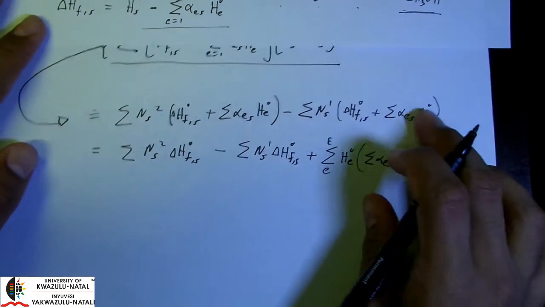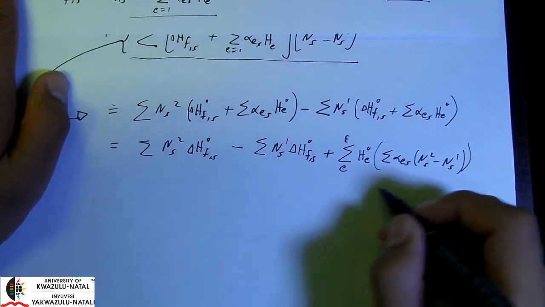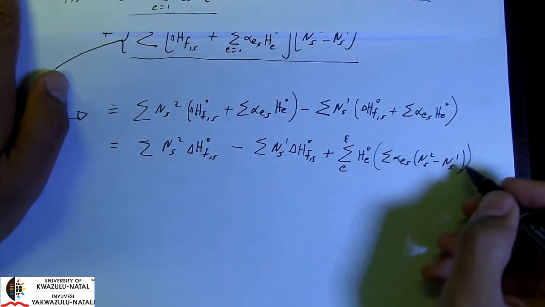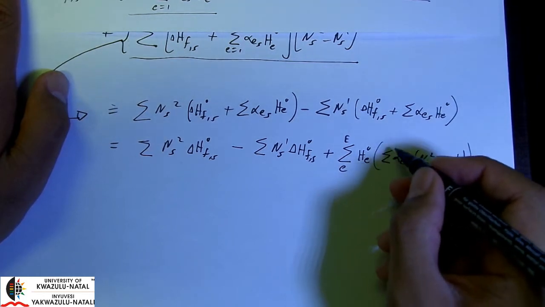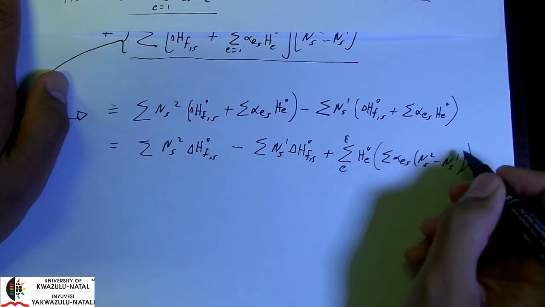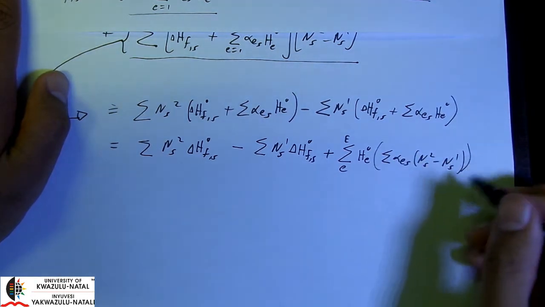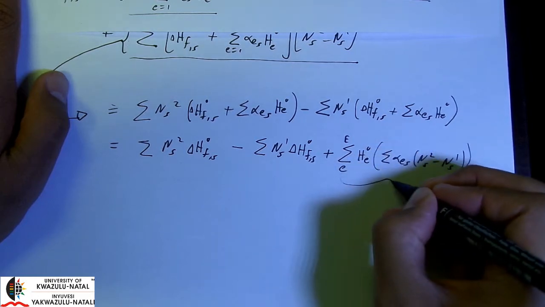And it's interesting to note that this term here actually becomes zero. It disappears because remember, our elements are always conserved. So our elements in our output and our elements in our input will always be the same. So this term here is actually equal to 0.